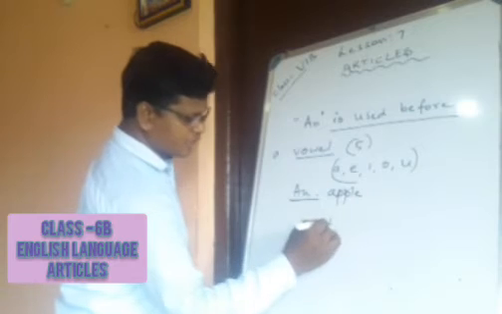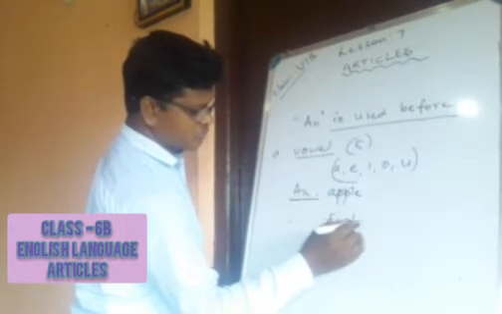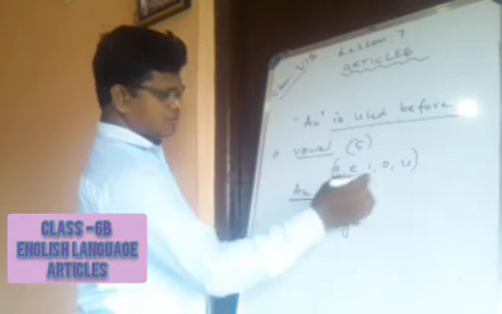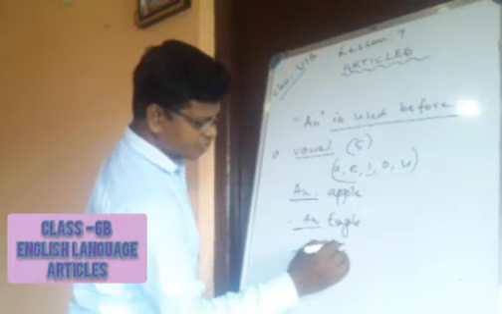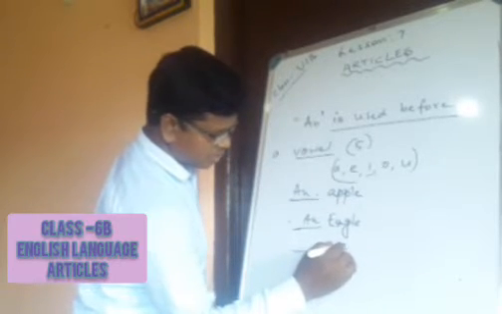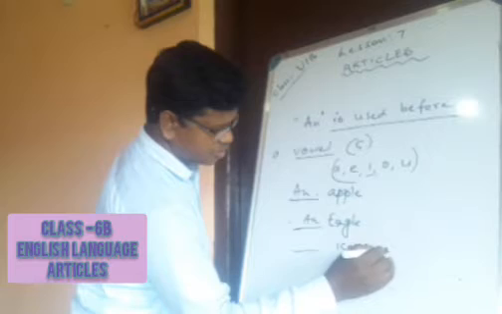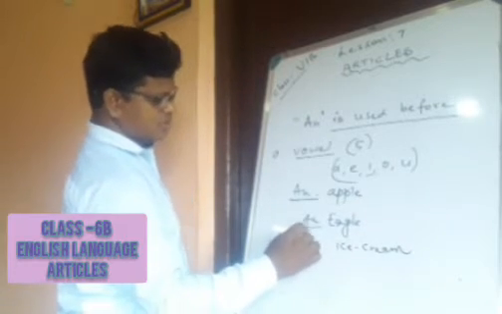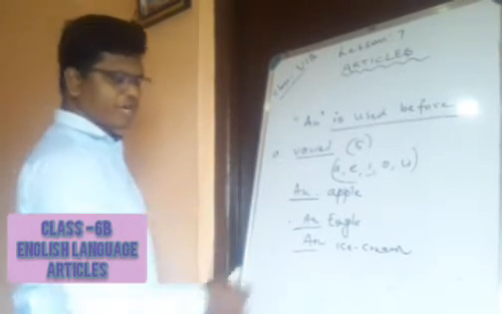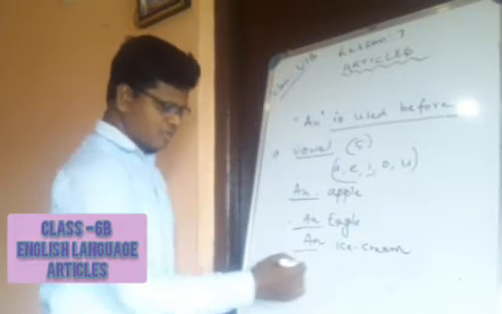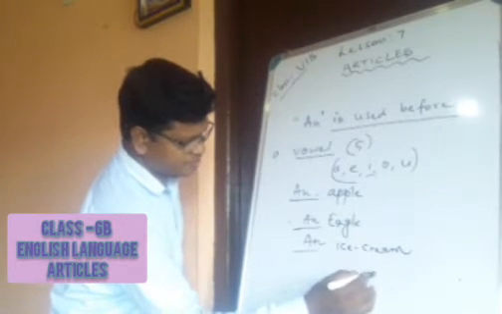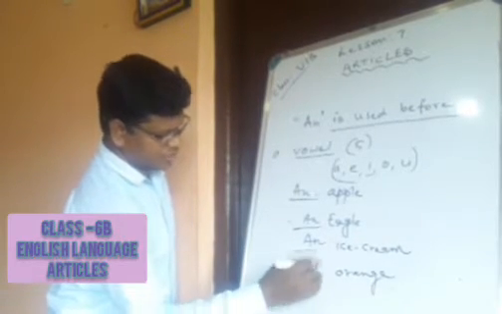Another one, eagle. So here also N. Suppose we write ice cream. Here also we place N. Suppose we write orange. There also we write N orange.